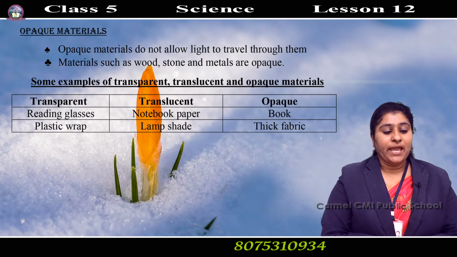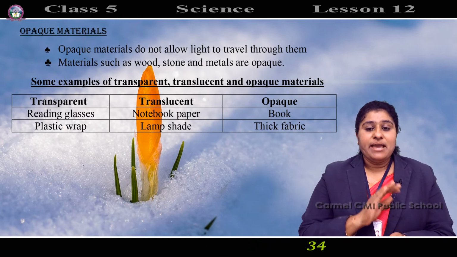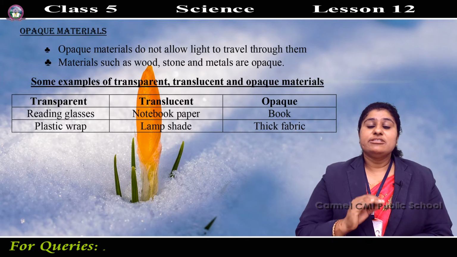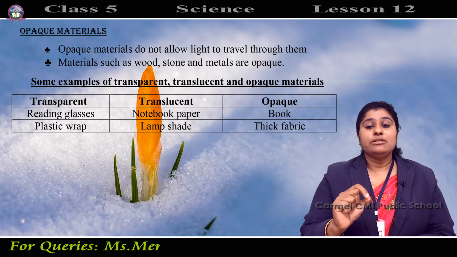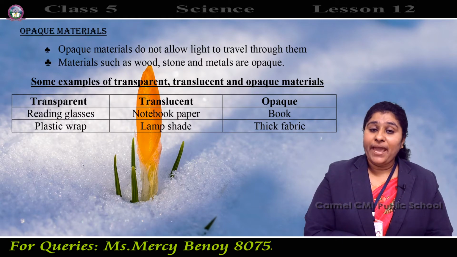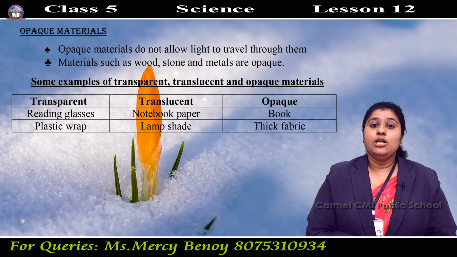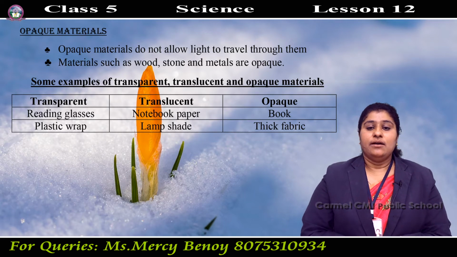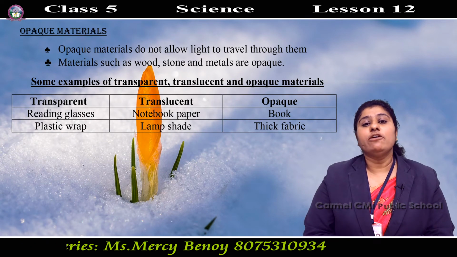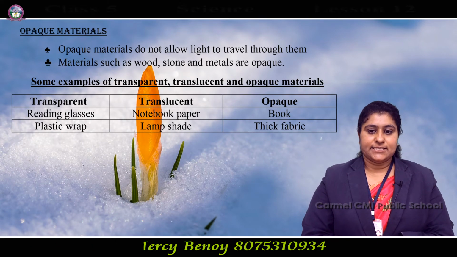What are opaque materials? Some materials do not allow light to travel through them. Such materials are called opaque materials. For example, wood, stone, textbook, notebook, metals. So these are the examples of opaque materials.